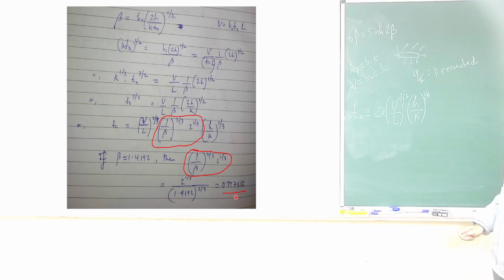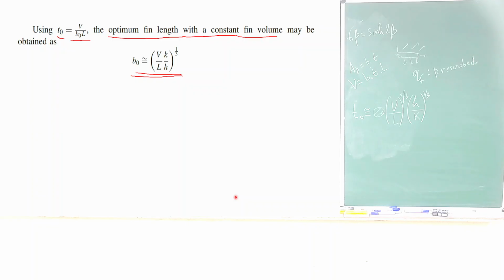Once you have got T naught, you can also use this expression to get B naught, which will look like this. So in this problem, we can get T naught and B naught both. We will have a look at this in more detail in Thursday's class. Thursday, we'll try to see some problems and do some calculations. Okay, thank you.